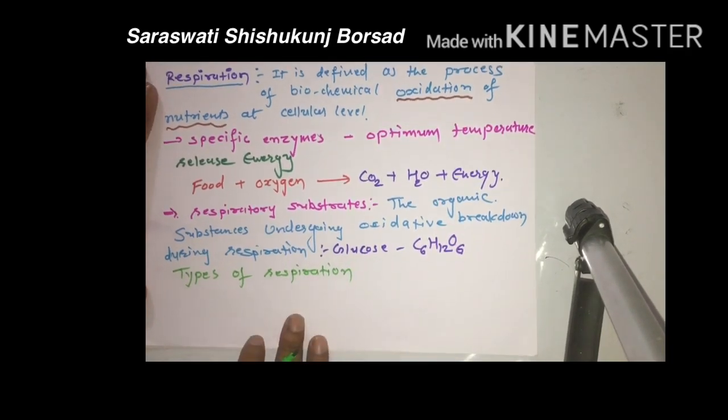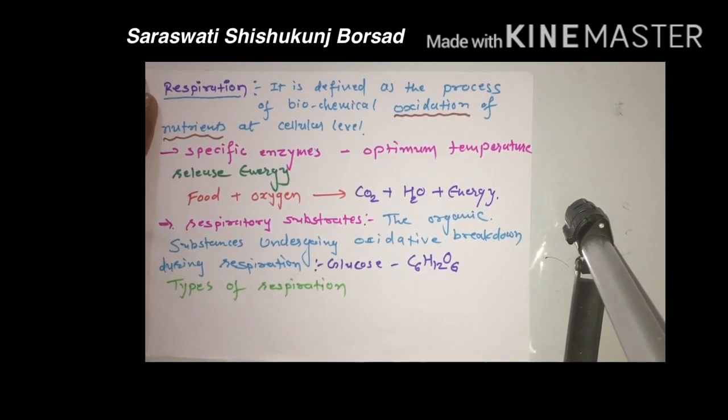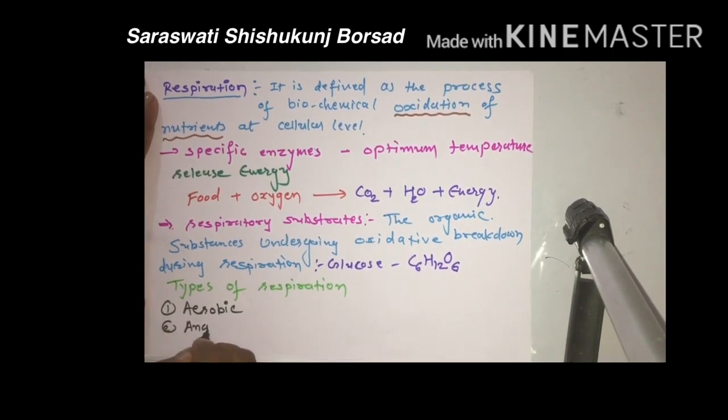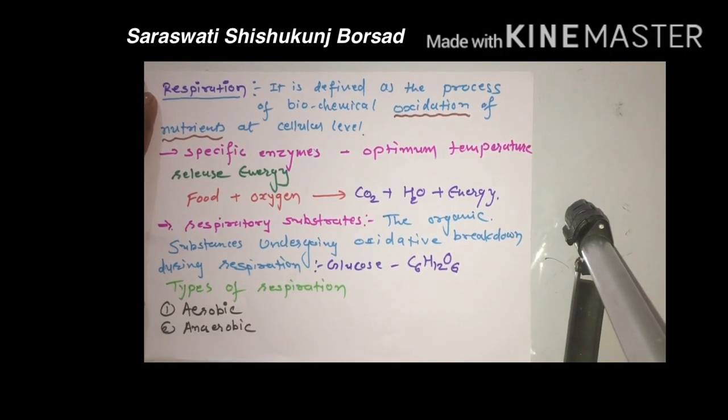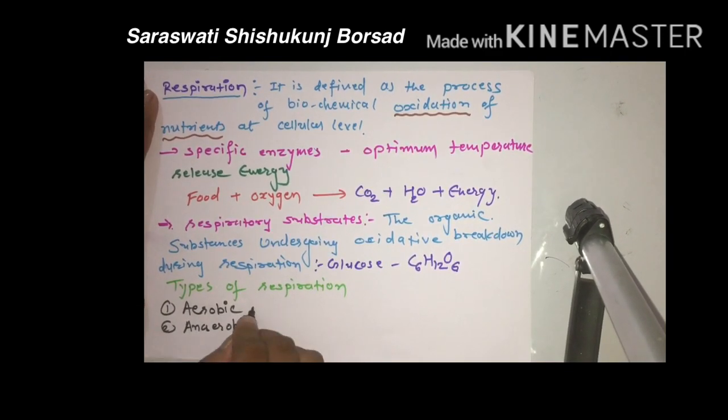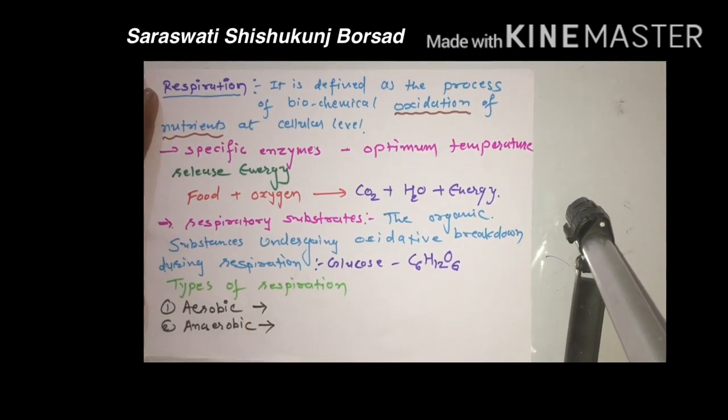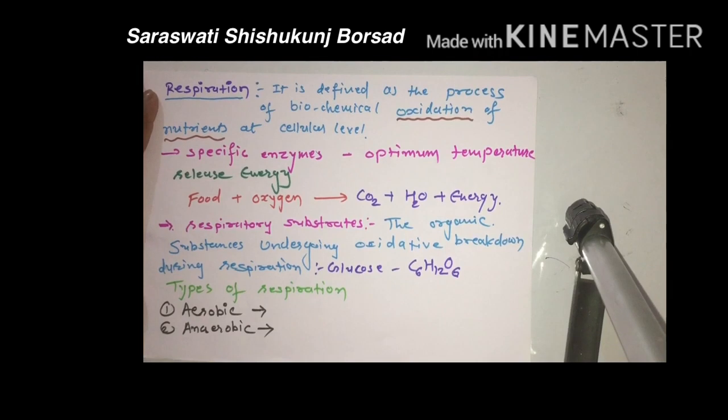In some cases we require oxygen, and in some oxygen is not necessary. So we have aerobic respiration, and the second one is anaerobic respiration.